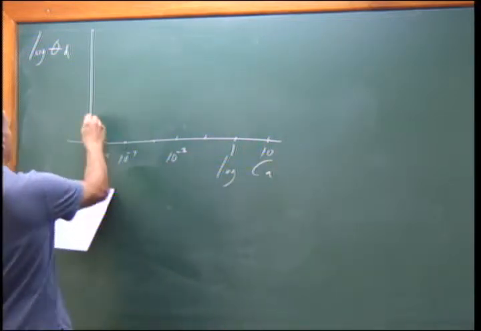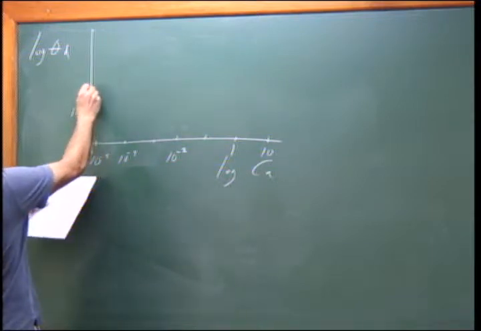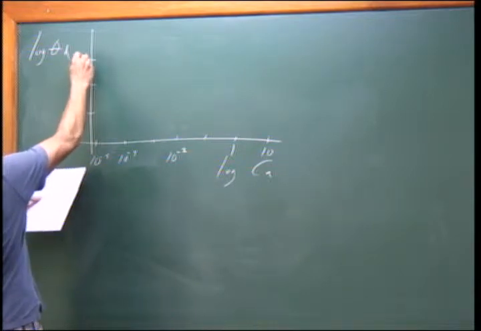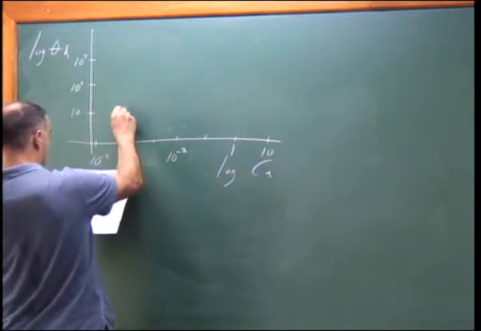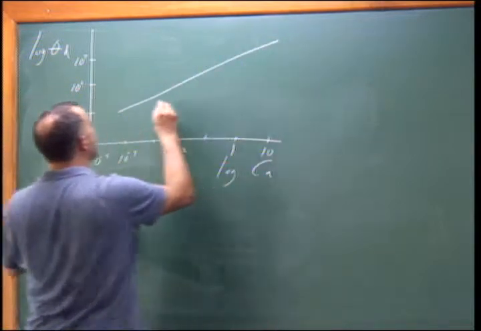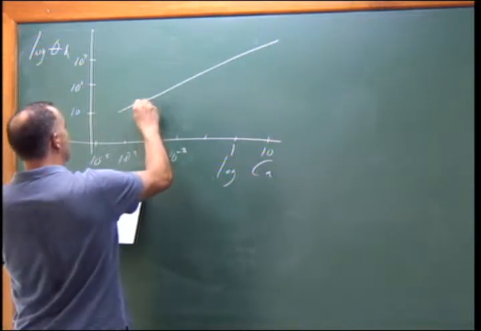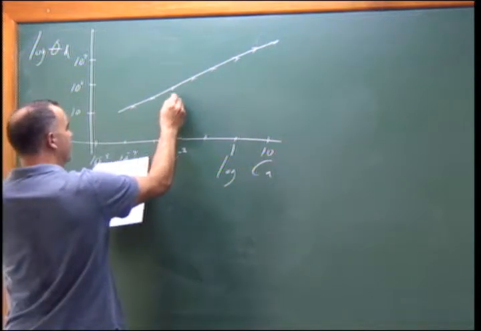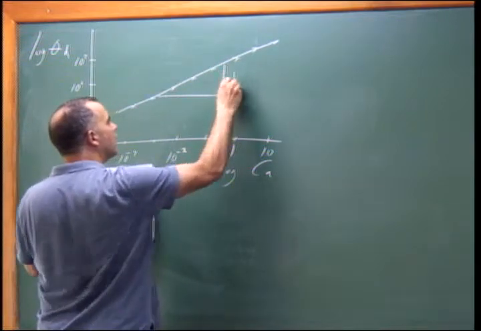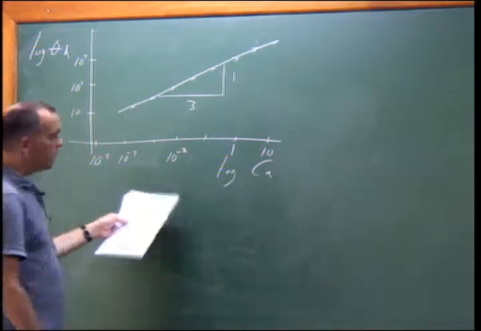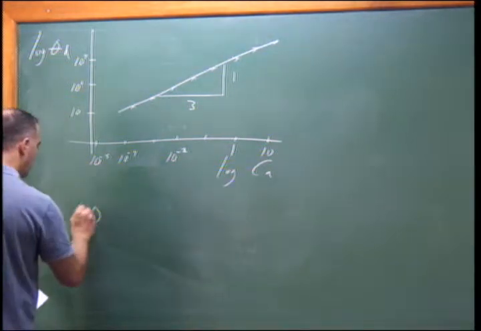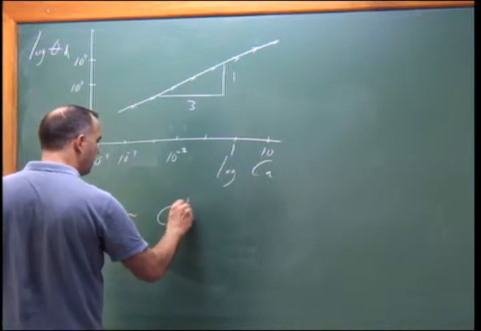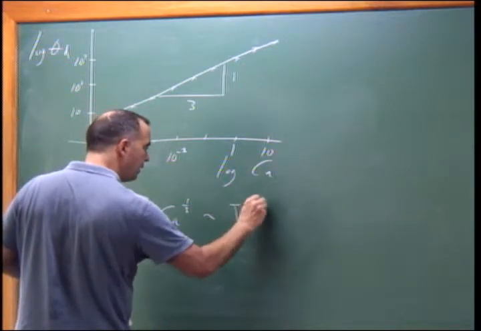So we get a log-log plot, and a nice scaling relation comes out, and the slope of this is 1/3, which tells us that theta d goes as capillary number to the 1/3, and so as the speed to the 1/3.